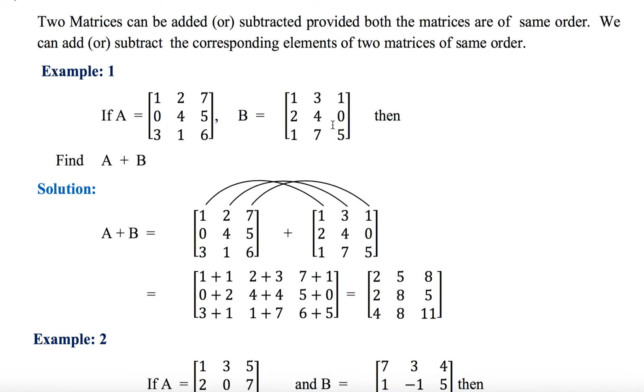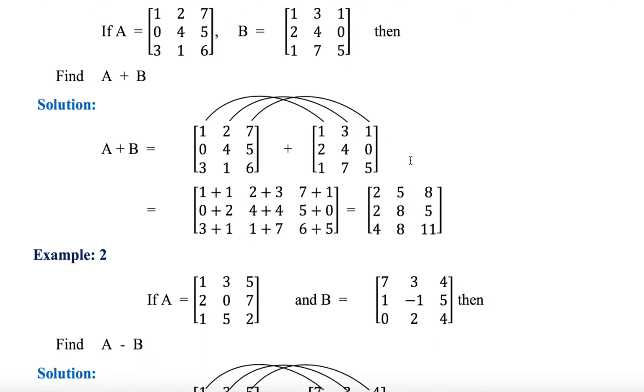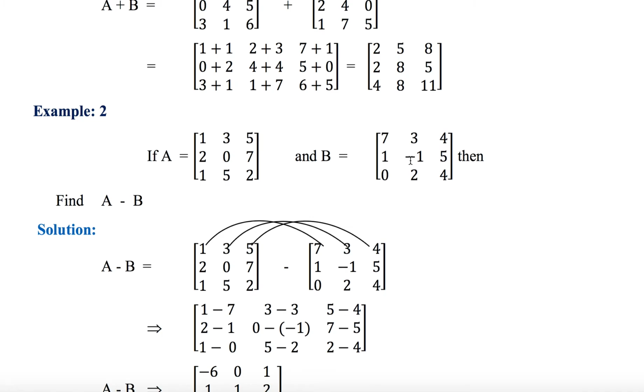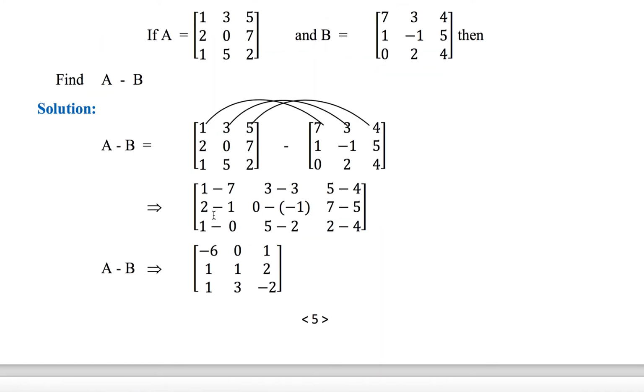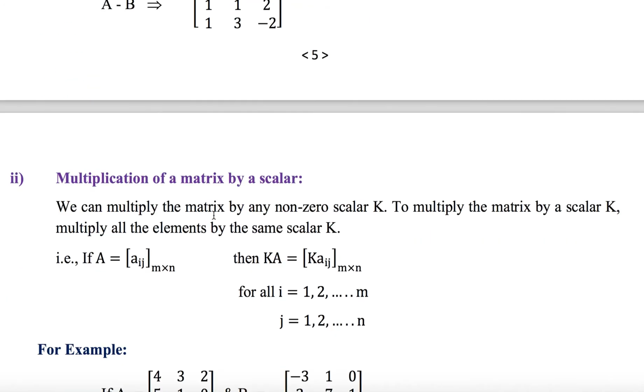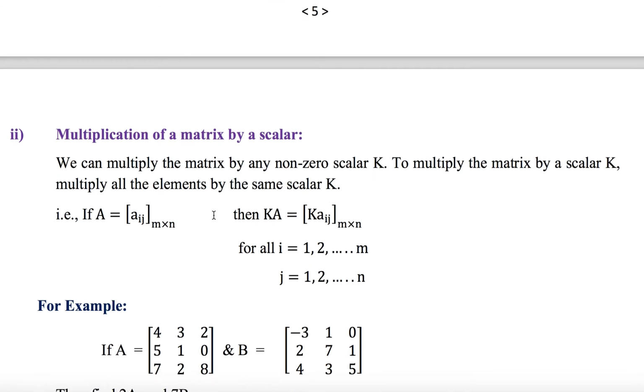This is A, this is B. When you add A and B, 1 plus 1 in the first row, first column; first row, second column element will be 2 plus 3; the first row, third column element 7 plus 1, like that. Corresponding elements are added. Subtraction is also the same. The corresponding elements of those matrices are subtracted.